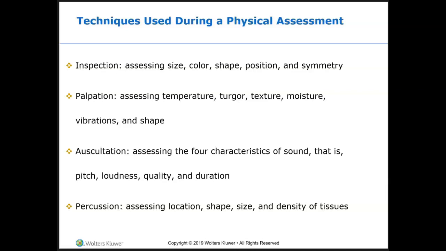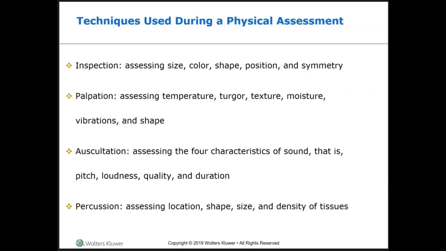Palpation uses the sense of touch to gather important assessment data, such as palpation of the pulses, skin temperature, texture, turgor, skin moisture, dryness, shape, all of those things, right? Auscultation, listening with the stethoscope to sounds produced within the body, like lung sounds, heart sounds, abdominal sounds, etc.